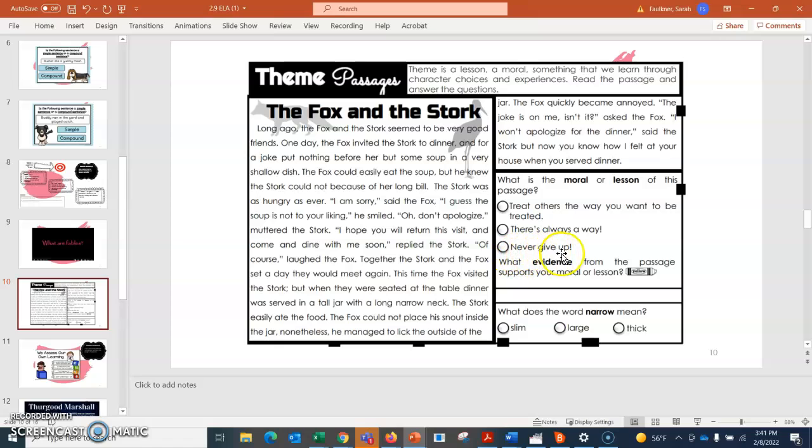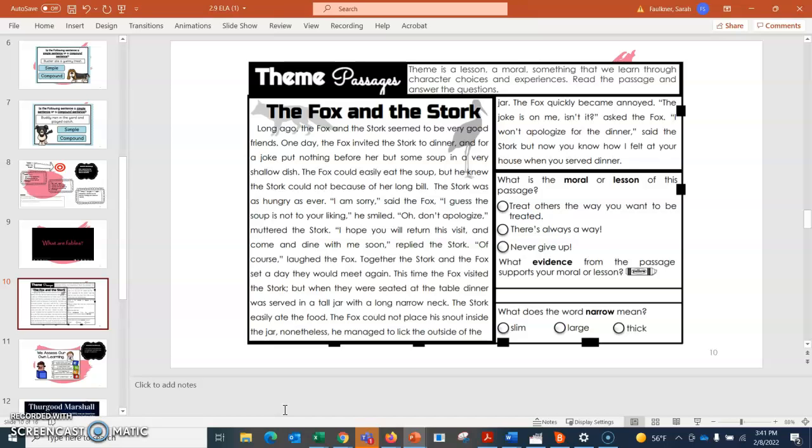So I'm going to look for this never give up because it's not something that I think is correct. When I look back, I see that the fox made the soup in a bowl for the stork, and the stork couldn't eat out of it because she physically had a really long bill that wouldn't pick up the soup. So no matter how hard she tried, she wasn't going to be able to eat the soup.